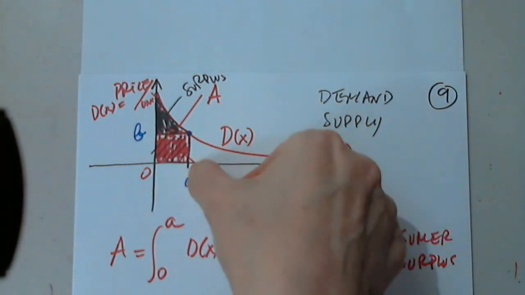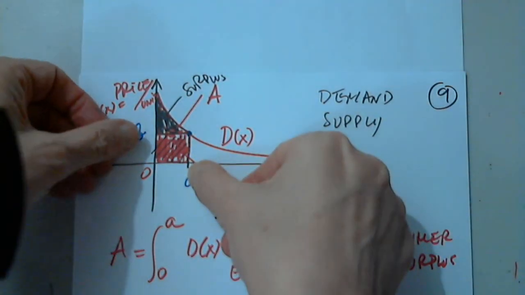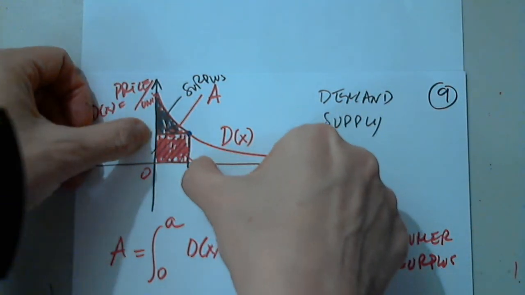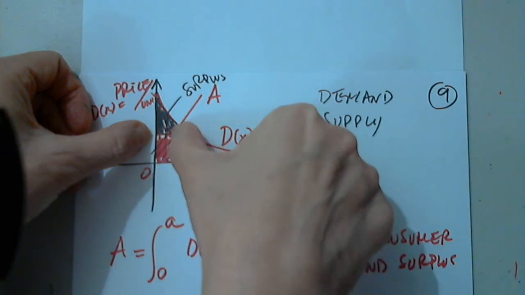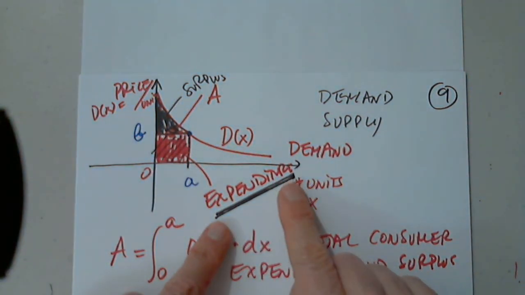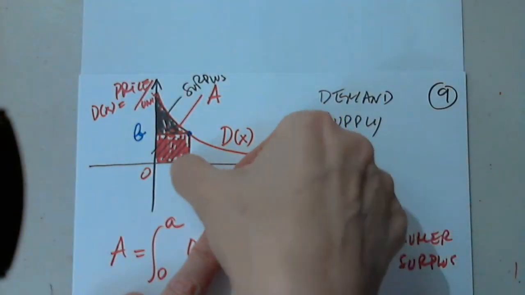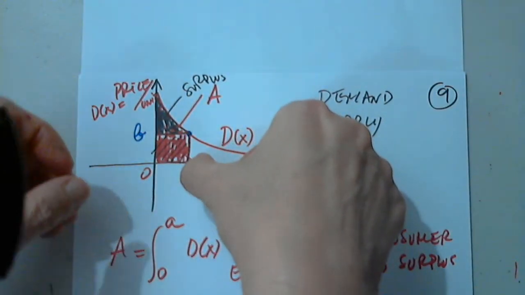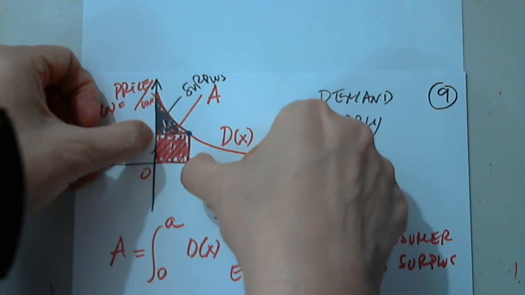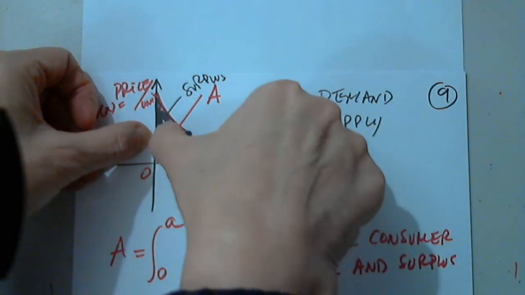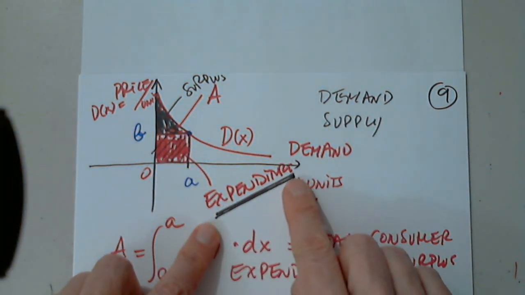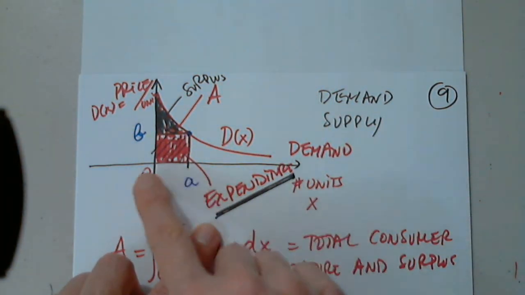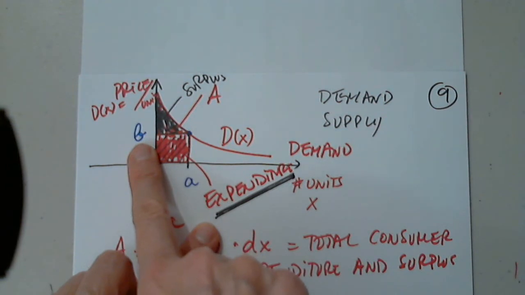So if I buy 3 units at the price, to make it easy, 3 units at the price of $3 per unit, the area is 9, and this is what I pay, $9. If I buy 10 units at the price of $4, 4 times 10, this area is $40, and this is what cost me. Those 10 units at $4 a unit.